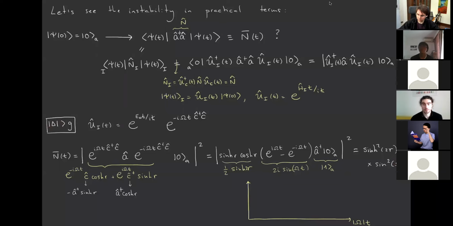The sign of delta appears only as a sign in omega, but this is a sine squared, so it doesn't depend on the sign of omega. We can even put the absolute value here if we want to make it clear. And then we are plotting here the number of photons. And this is just a function that looks like this.